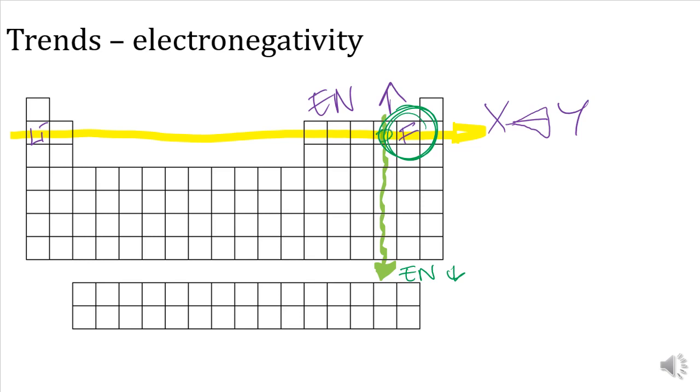So fluorine is the most electronegative, followed by oxygen, chlorine, and nitrogen.